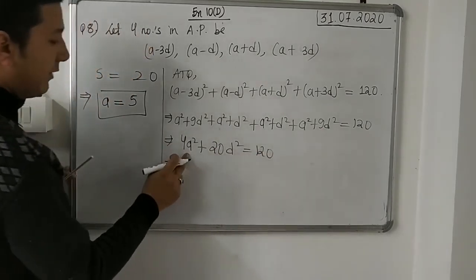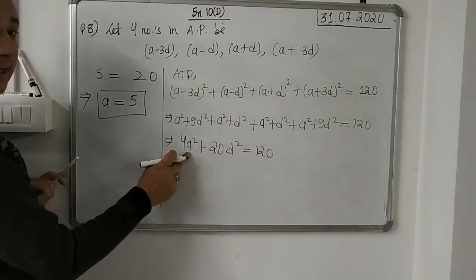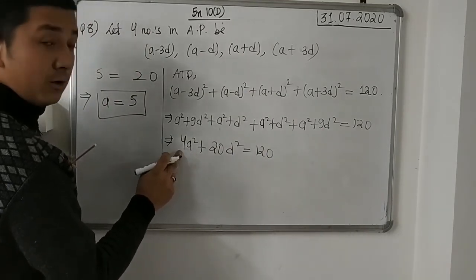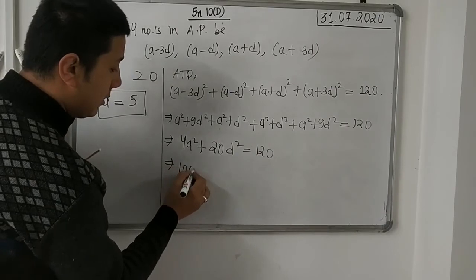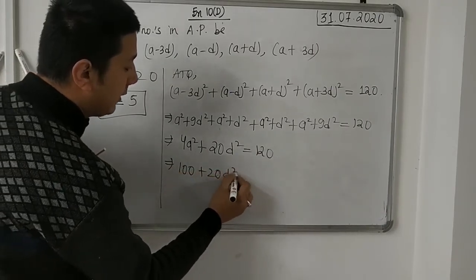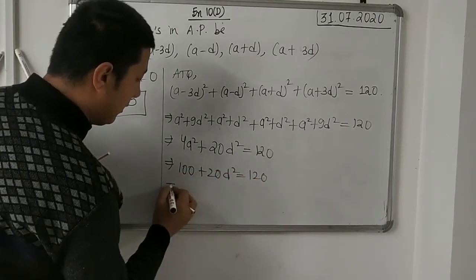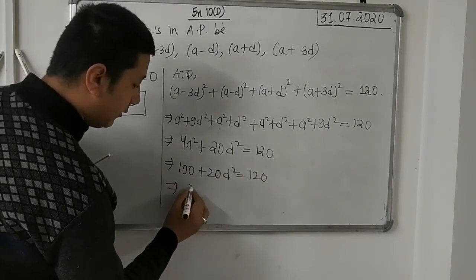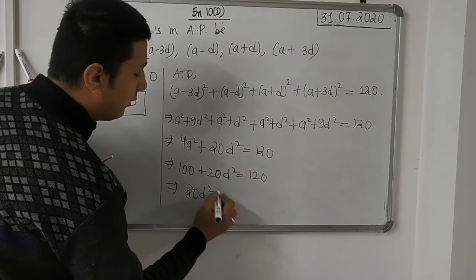By the way, what is the value of a? a is 5. 5 fives are 25, 25 into 4 is 100. So 100 plus 20d square equals 120. 120 minus 100 is 20. So 20d square equals 20.